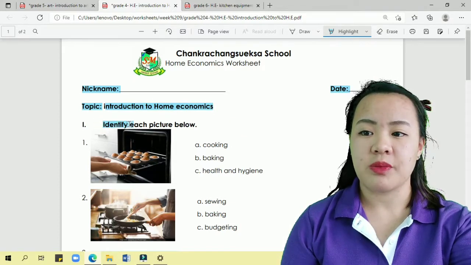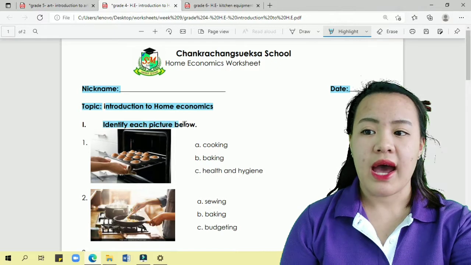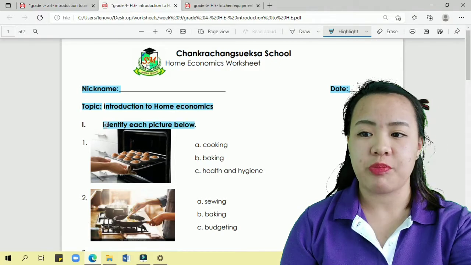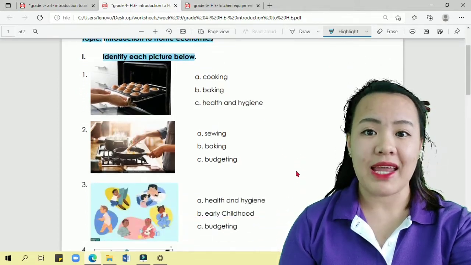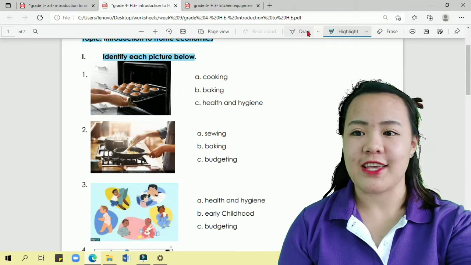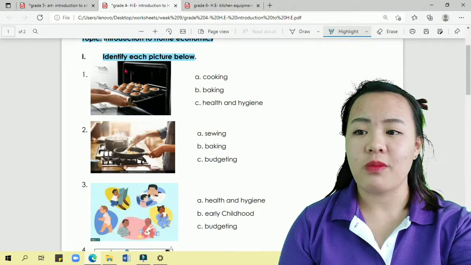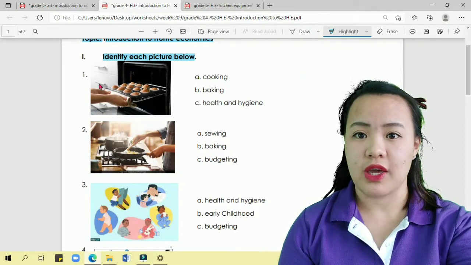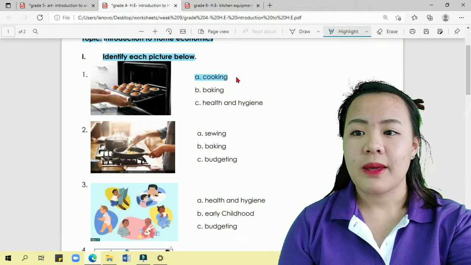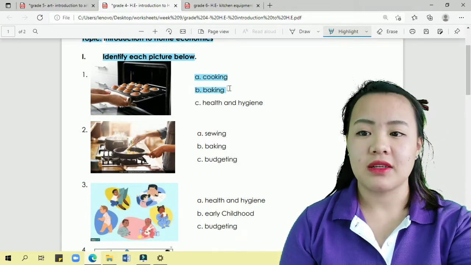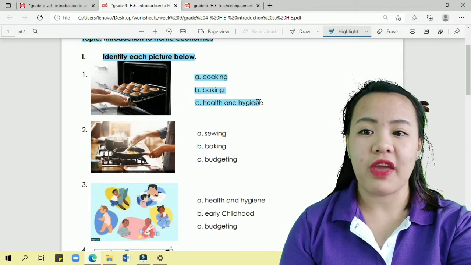Identify each picture below. So what are these? These are the areas of home economics, right? What area of home economics is this picture? Is it A, cooking, B, baking, C, health and hygiene?